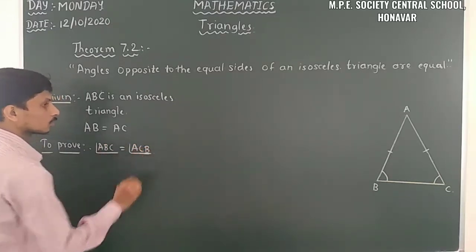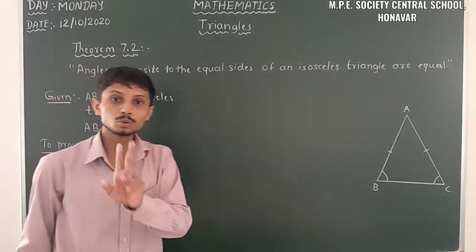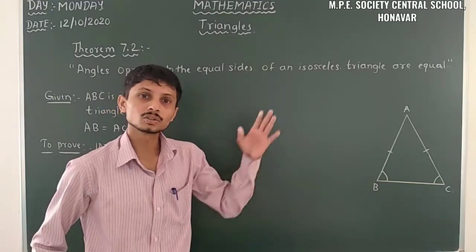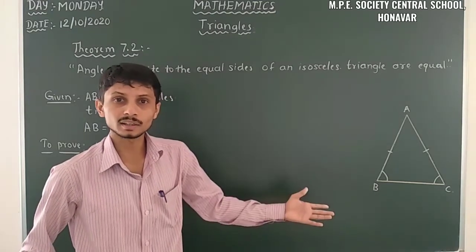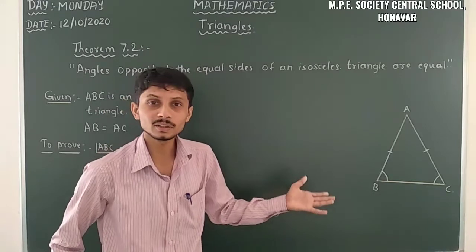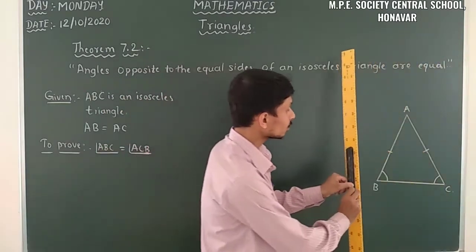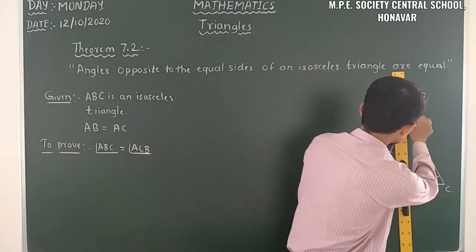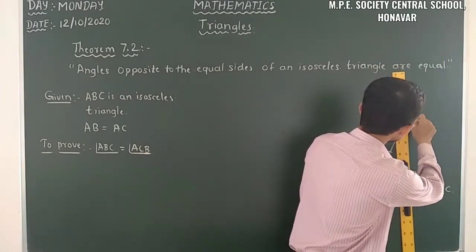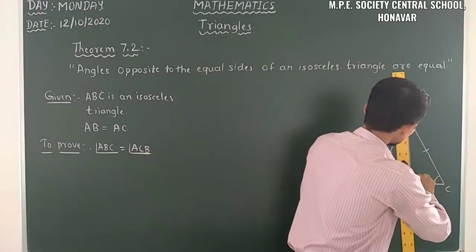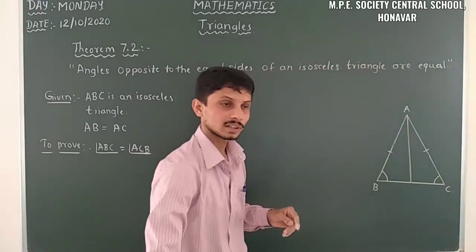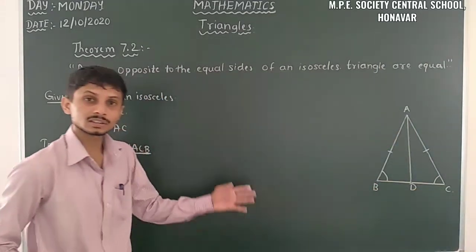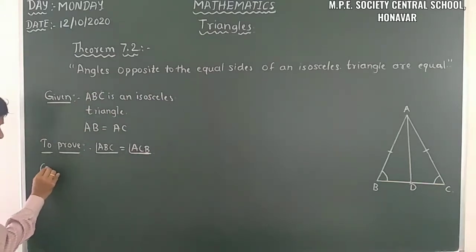For that we want two triangles, when we take the SAS or ASA congruence criterion. So initially we need two triangles, and for that we take a perpendicular line that bisects angle A into two parts. Here we have to construct AD, that is the construction.